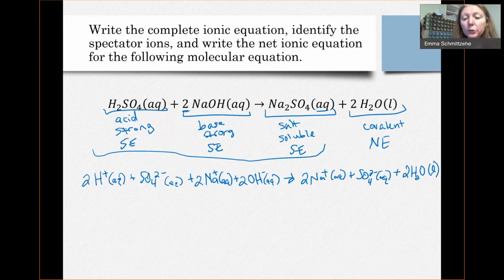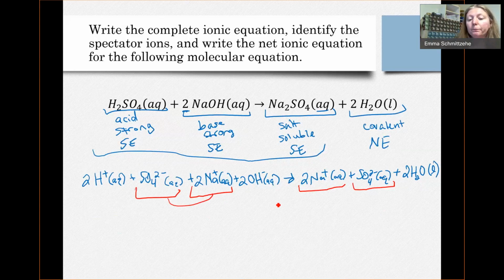And our spectators, the things that stay the same, that do not change from reactants to products, that would include this Na plus and the SO4 2 minus. So all of these things are our spectators.